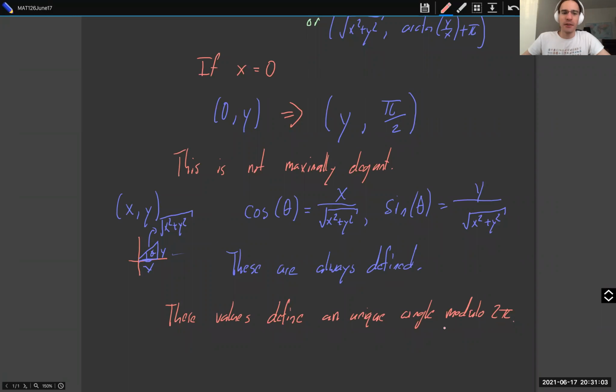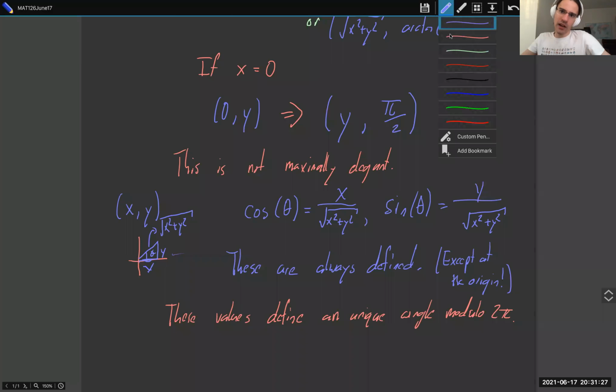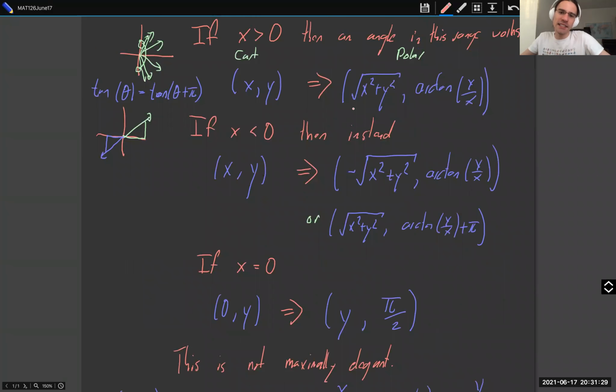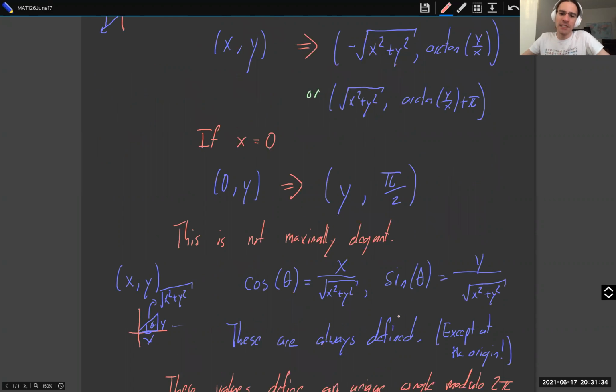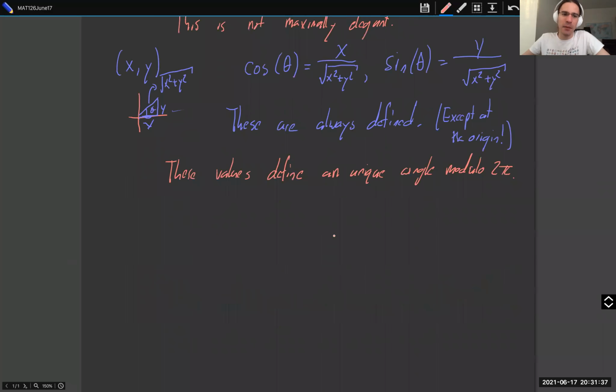Just knowing sine and cosine, these formulas always make sense. They are always defined except at the origin, of course. So going in this direction isn't always as nice as you would hope, but at least you have this, and this is going to come up in problems.